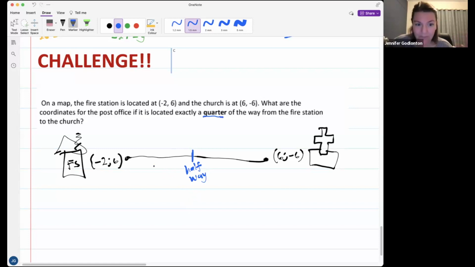It's our midpoint. Good. And our post office is over here, which is what? If this is our post office, what is it?